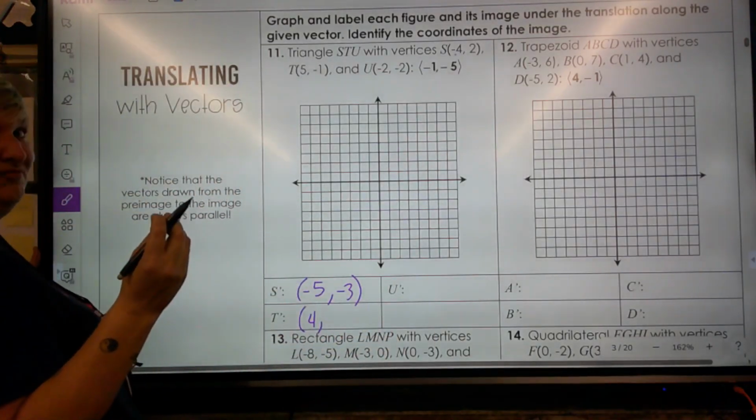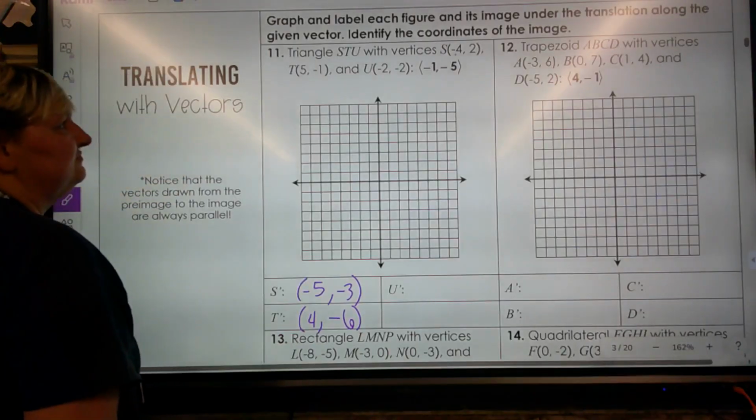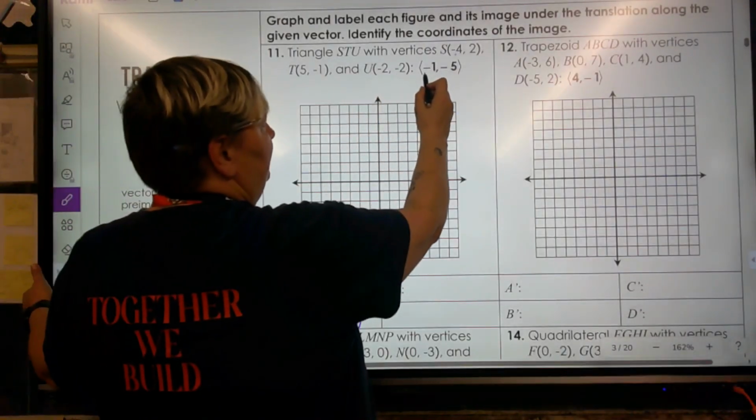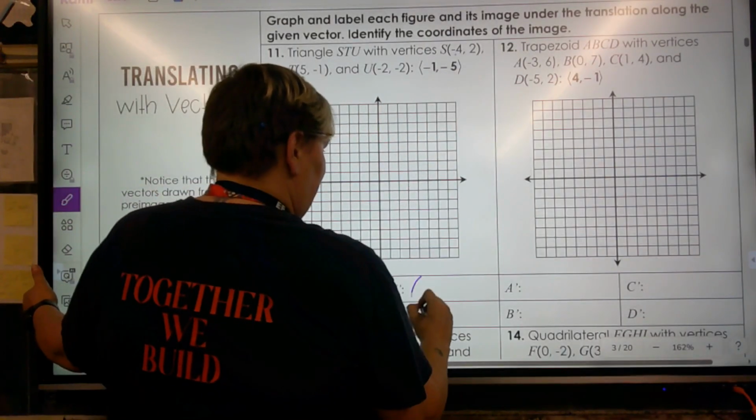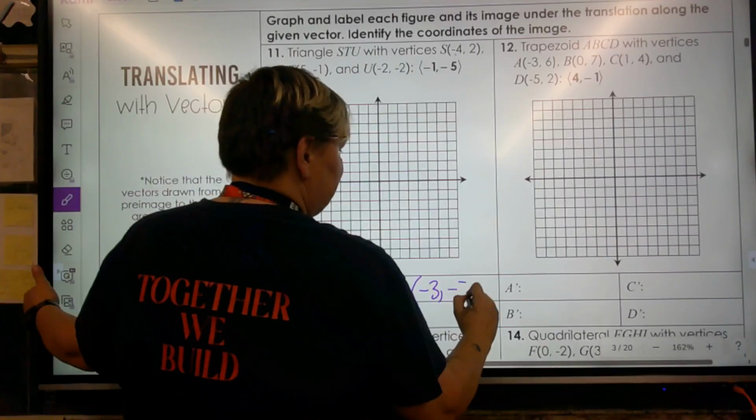You're combining -1 and -5. It becomes -6. -2 plus a -1 is -3. -2 plus a -5 is -7.